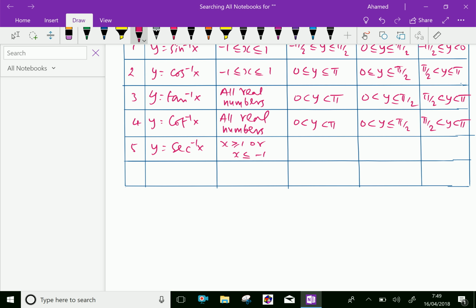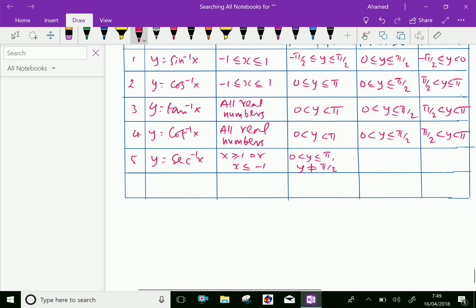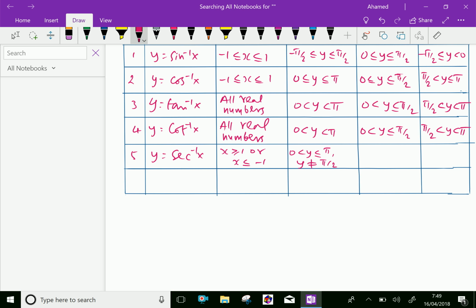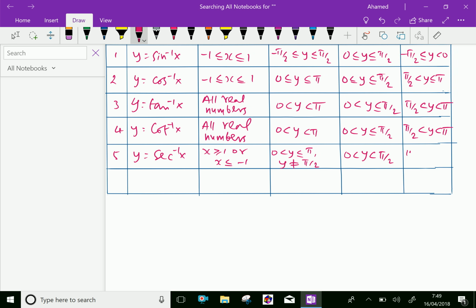Then for principal value, 0 is lesser than y lesser or equal to pi, means here the condition y is not equal to pi by 2. Other than pi by 2, all values between 0 to pi. Here for x is greater than 0, that is 0 is lesser than y lesser than pi by 2, and here pi by 2 lesser than y lesser than pi.